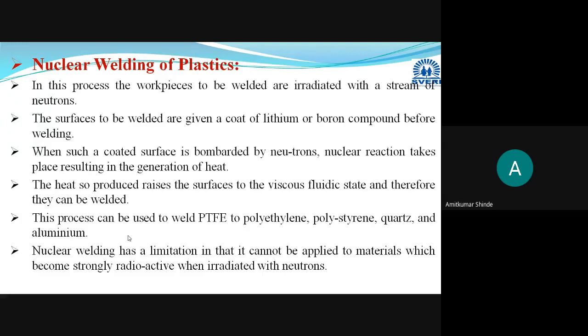In the first step, the surfaces you want to join are coated with a lithium or boron compound, and after that they are irradiated with neutrons. A nuclear reaction occurs with the lithium or boron compound on the surface layer, heat is generated, and the plastic surface starts melting. After application of sufficient pressure, the material can be joined.